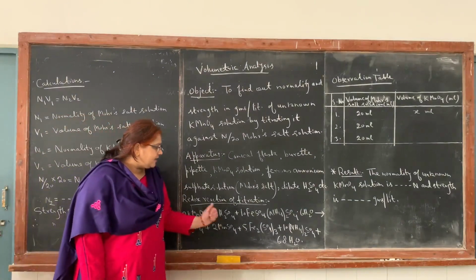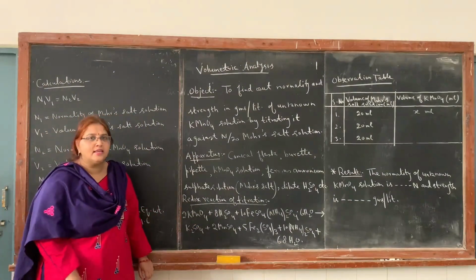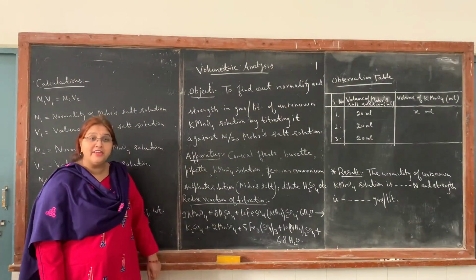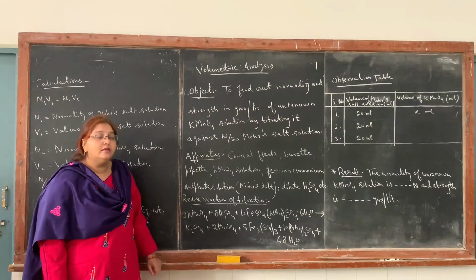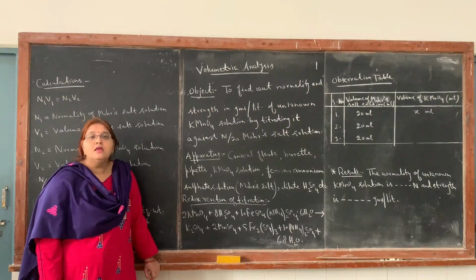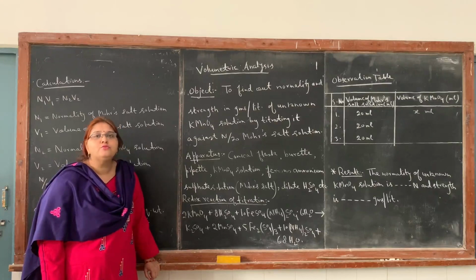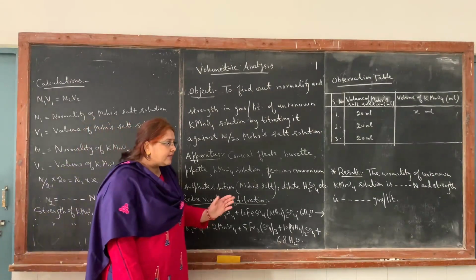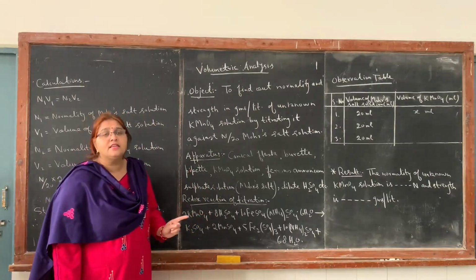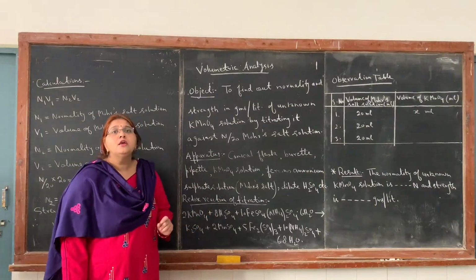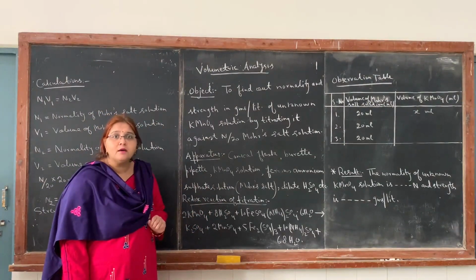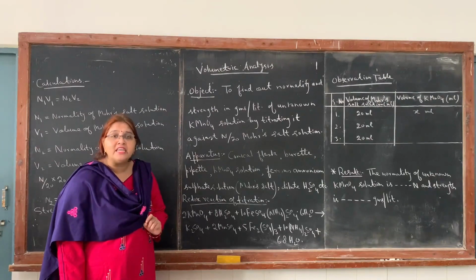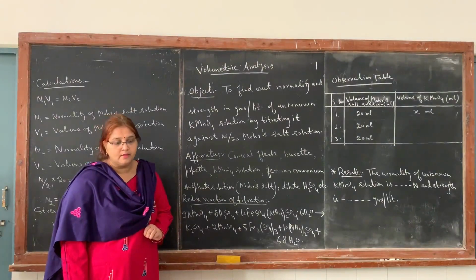H2SO4 is an important reagent used in this experiment. Now, what is the role of H2SO4? The acidic medium is necessary to carry out this reaction because it prevents the precipitation of manganese oxide.